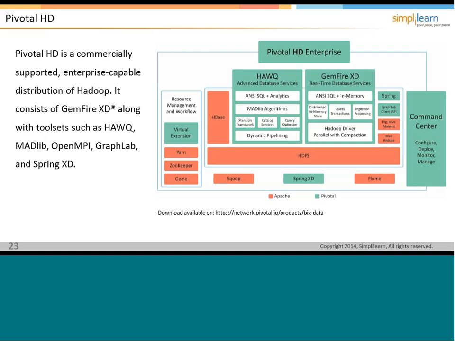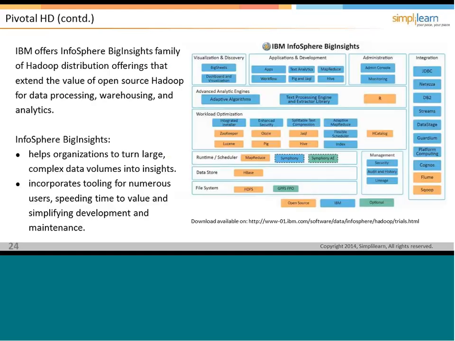Like HAWQ is one of the advanced database services which provides SQL analytics over the data stored in Greenplum. It's a data warehouse. So they have given this Hadoop distribution which can work seamlessly with Greenplum, which is also a proprietary product of EMC. Basically, Pivotal HD is a licensed version.